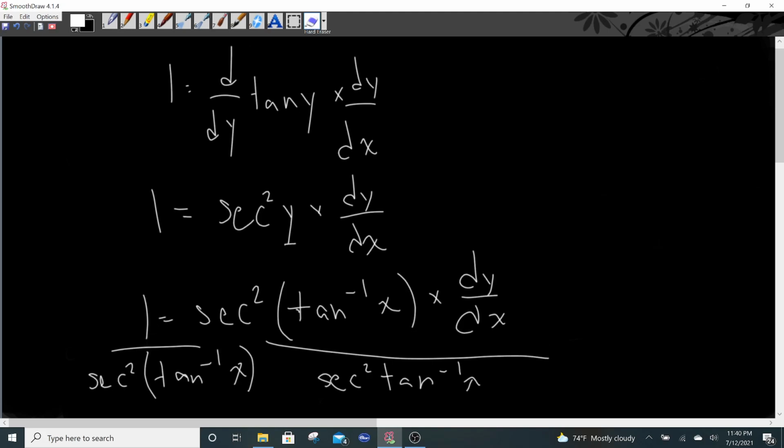But with that, let's do, yep, we're going to do dy/dx is equal to 1 over tan squared of inverse tan x plus 1.